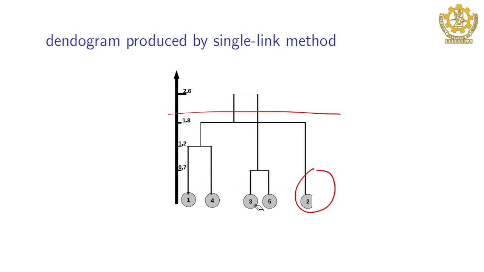So, in the first step we merge 3 and 5, and the minimum distance was 0.7. Next step, the minimum is 1 and 4, distance between the two clusters was 1.2. Next you merge 1 4 with 2, distance was 1.2, and then finally the two clusters merge at 2.6.